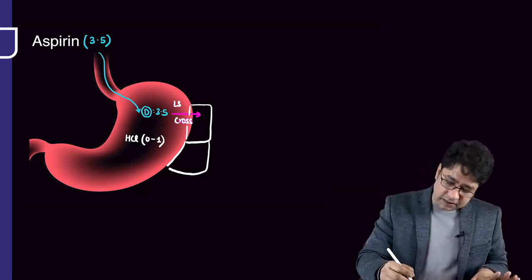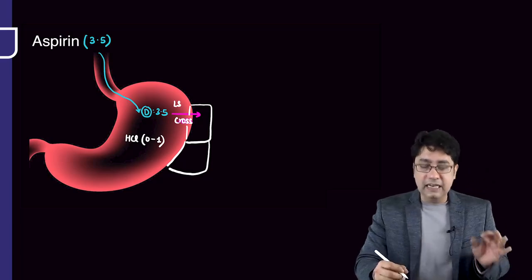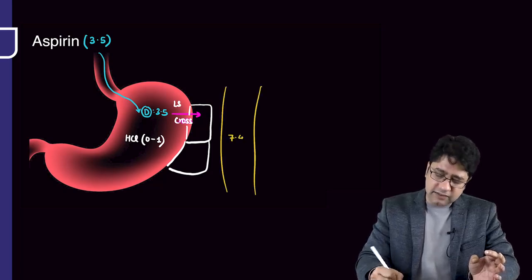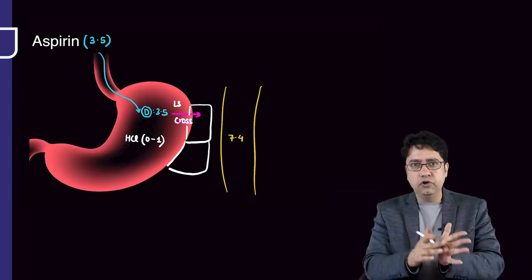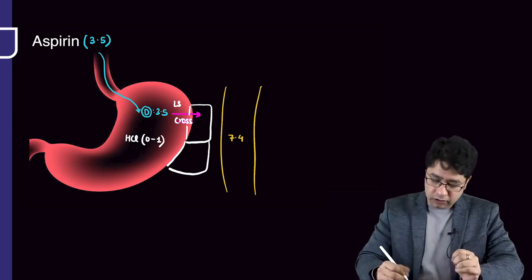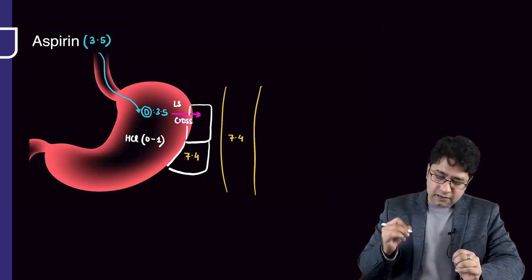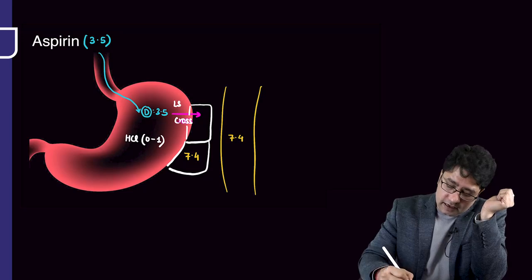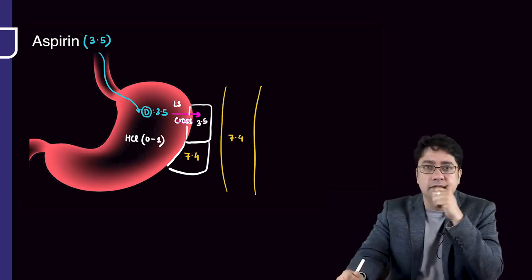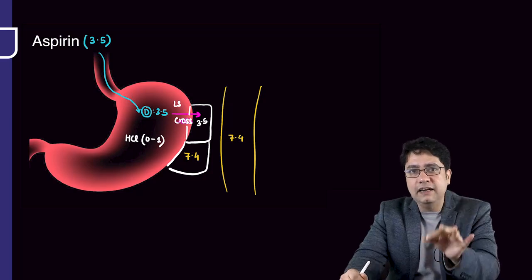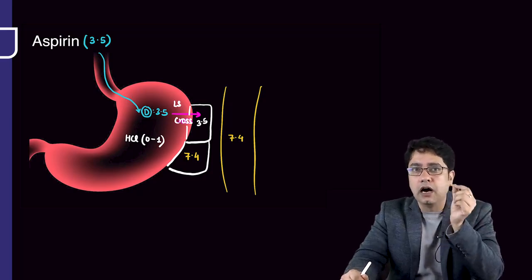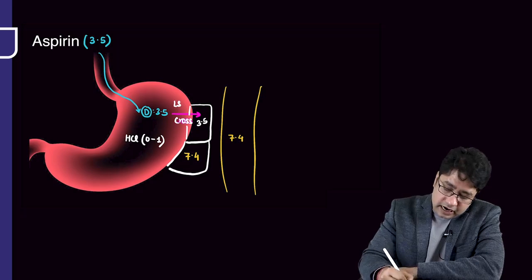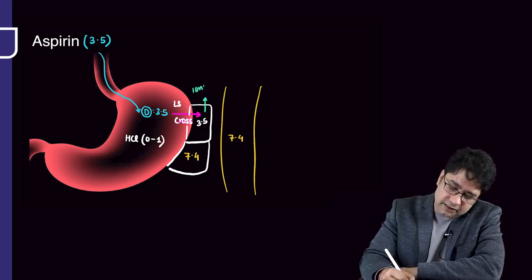Now, inside the stomach cell, what is the pH? It is similar to our blood pH. Our blood pH is around 7.2 to 7.4. Let's take it as 7.4. Inside the cell, the pH of media is slightly basic. Now, can we say aspirin is an acidic drug and it is inside basic media? How will aspirin behave? Can we say aspirin will become ionized inside the stomach cell?